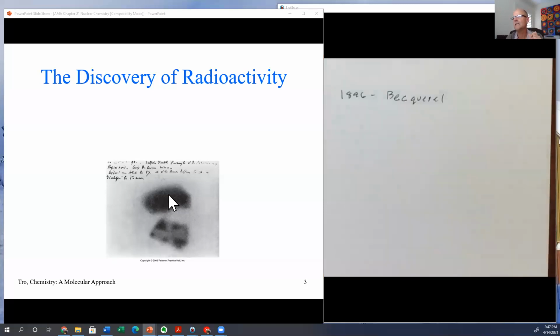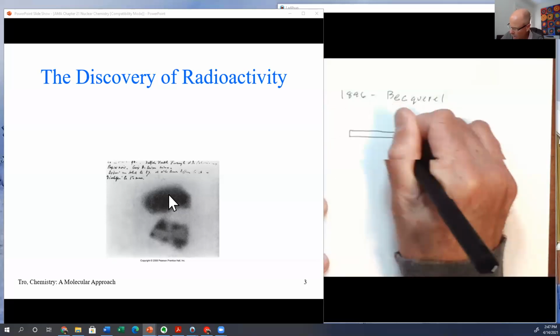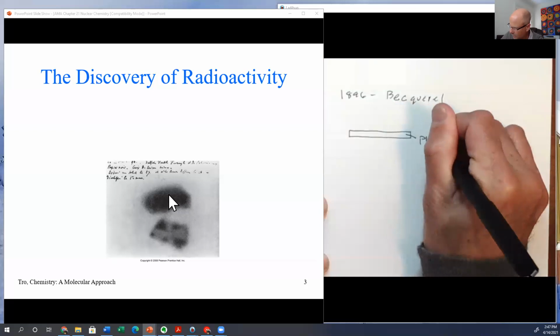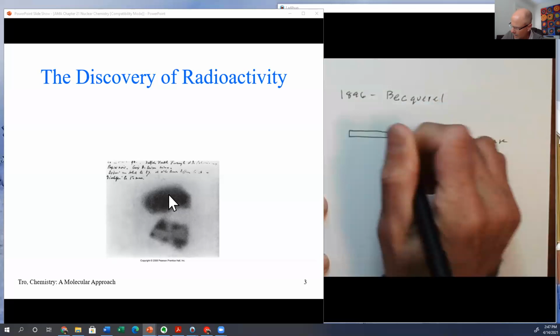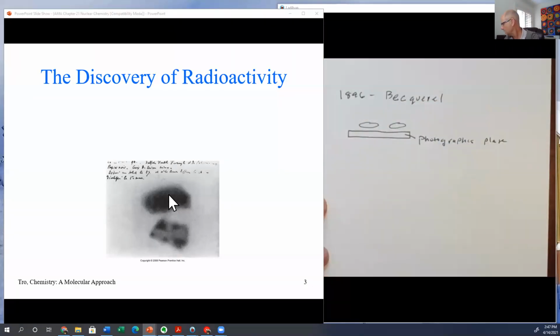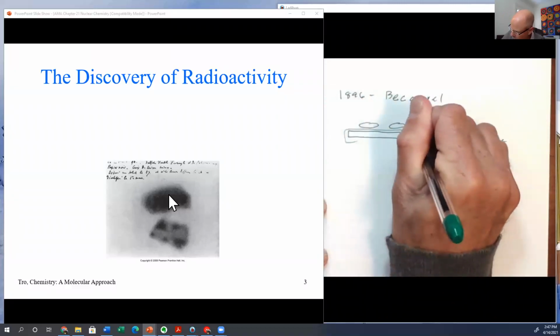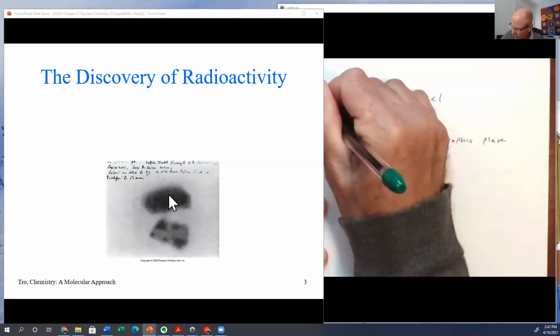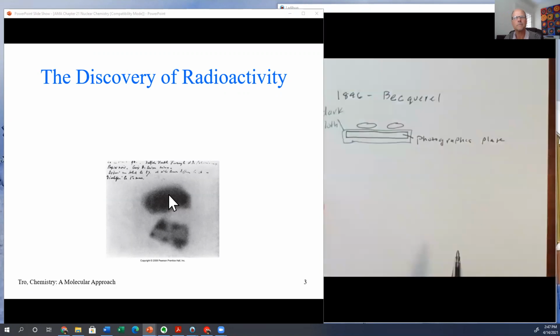So what he did is he took a photographic plate, right? He put his crystals on top of the plate, and then he wrapped the plate in a dark cloth, right? So that the plate could not be exposed by normal light, right?